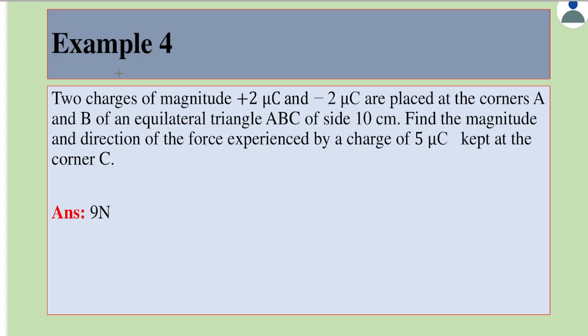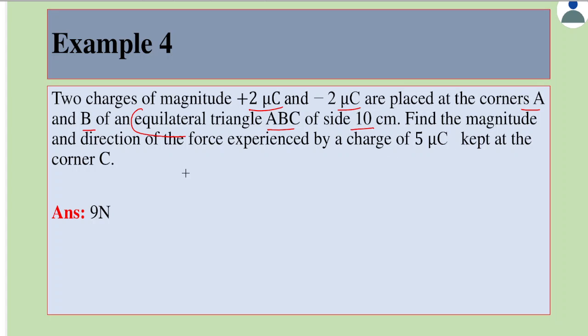Example 4 says two charges of magnitude plus 2 microcoulomb and minus 2 microcoulomb are placed at the corners A and B of an equilateral triangle ABC of side 10 cm.